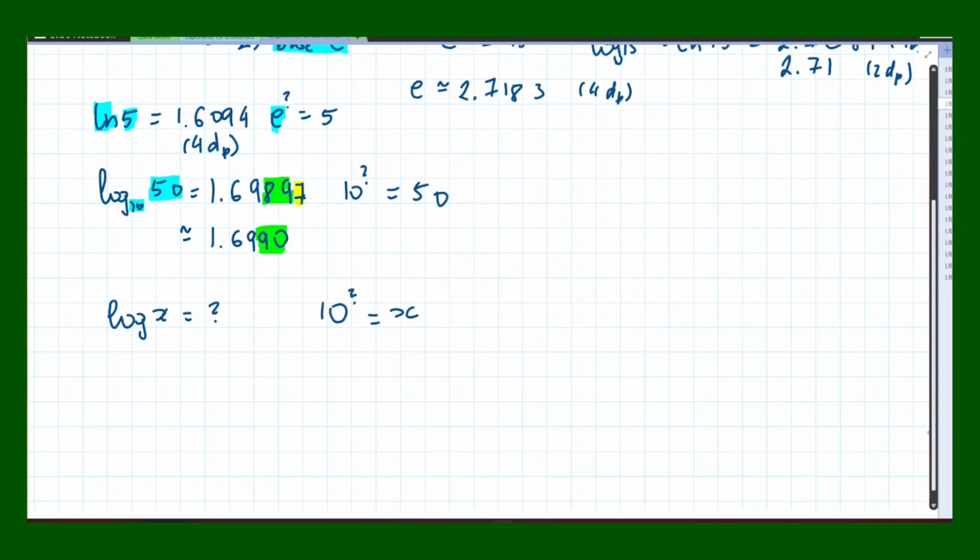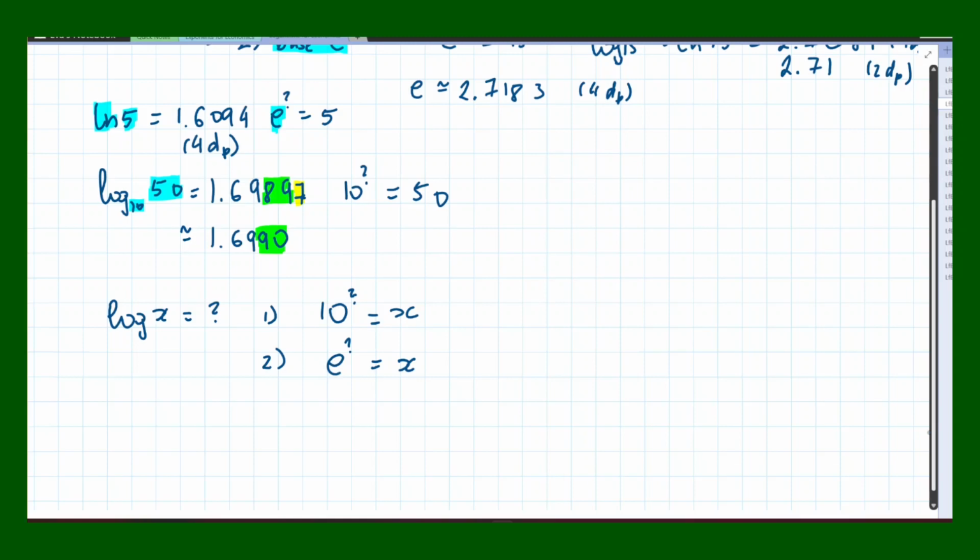Or what power do I need to raise e to so that the answer will be x? So again, we have two cases depending on whether we're talking about log as base 10 or log as base e. But in either case, I do not know the argument. The argument is x, an unknown.